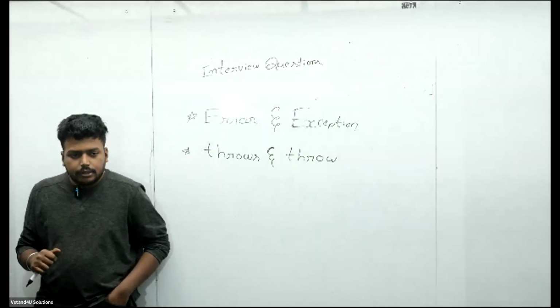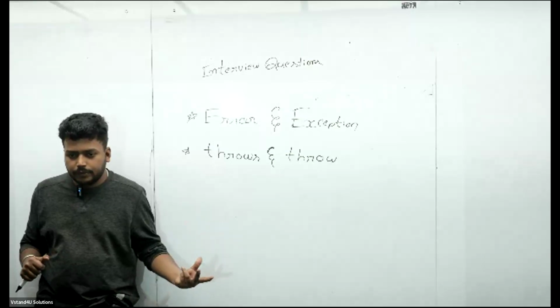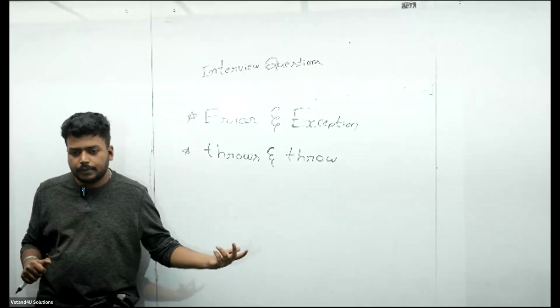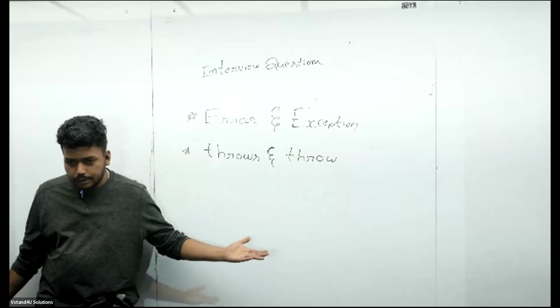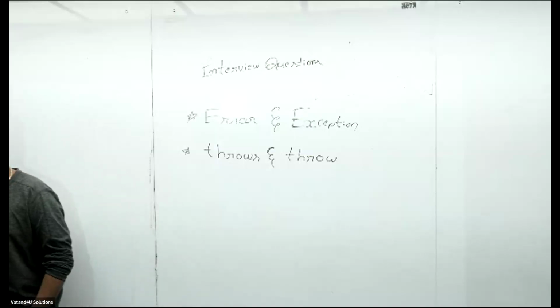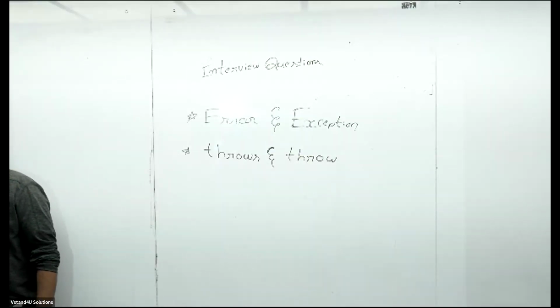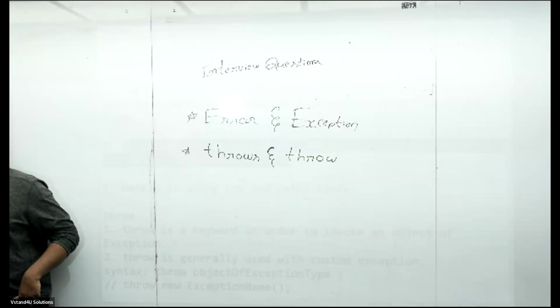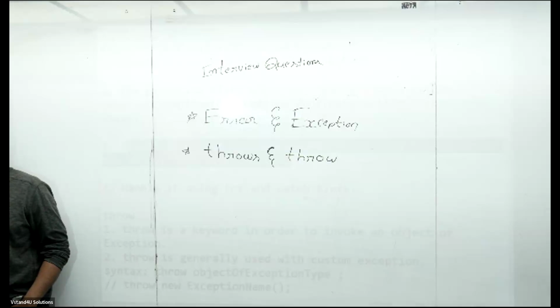Throw is also a keyword, which is used for the object. What is the definition? Throw is a keyword used to invoke an object of exception. Throw is generally used in custom exception.